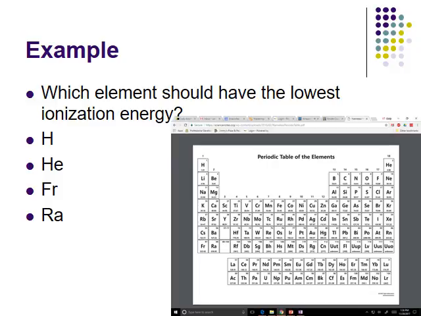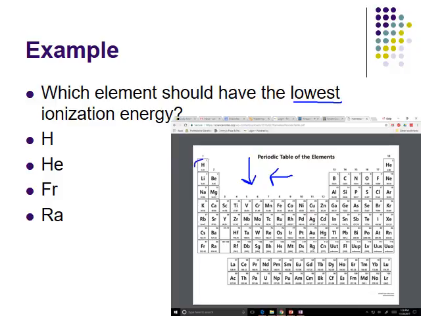So, like the last example, we have our periodic table here. Which element should have the lowest ionization energy? So we're looking at the lowest ionization energy. Again, we remember our trend: to focus on low, we want to go down. Ionization energy decreases as we go down, and it's going to decrease as we go to the left.